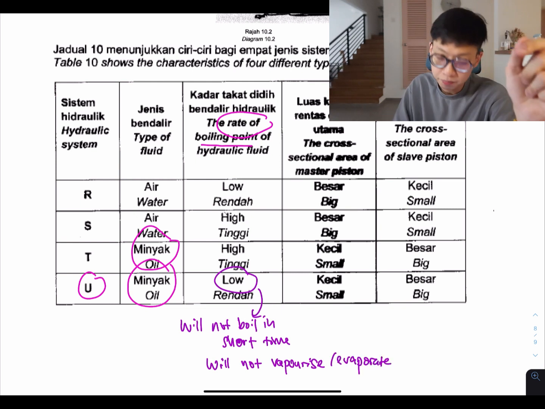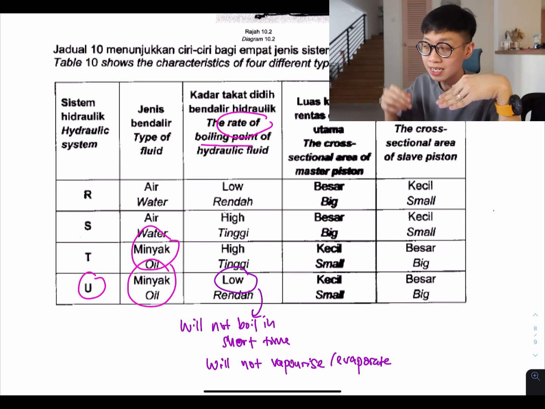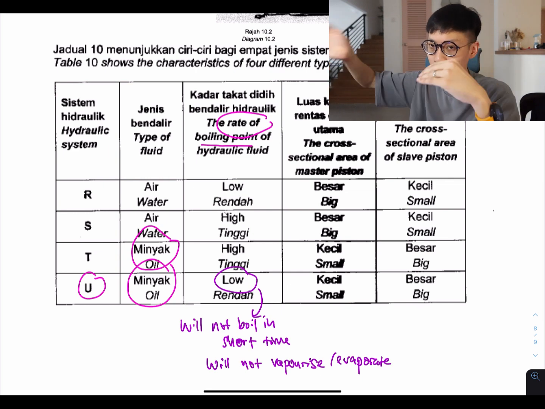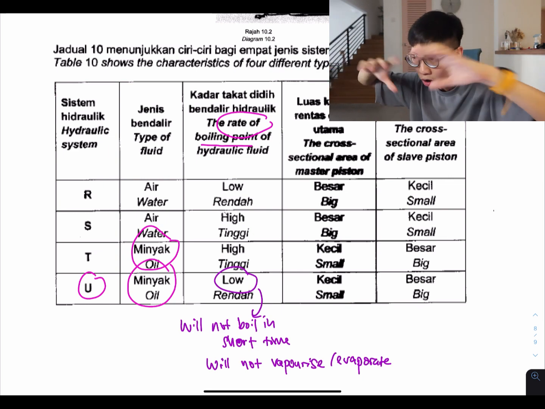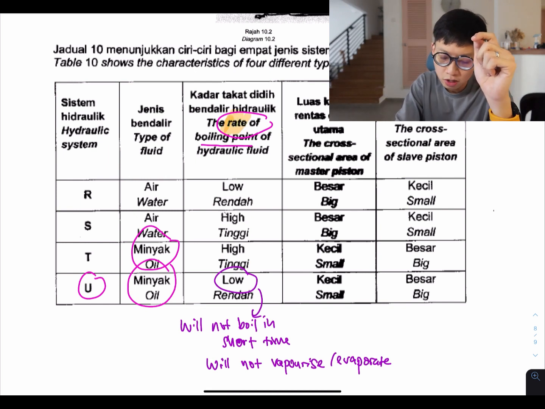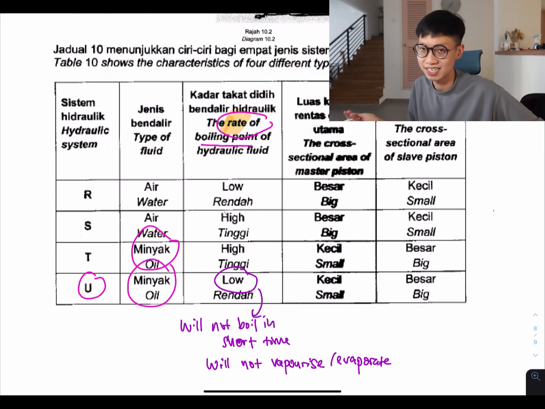Now we must remember, the lower the boiling point, it means it's easy to become gas, so it's easy to evaporate. The higher the boiling point, the longer it will remain as a liquid. But because of the word rate here, this is a very confusing point. Rate means how fast. Do you want it to boil? No, right? So a low rate of boiling point.